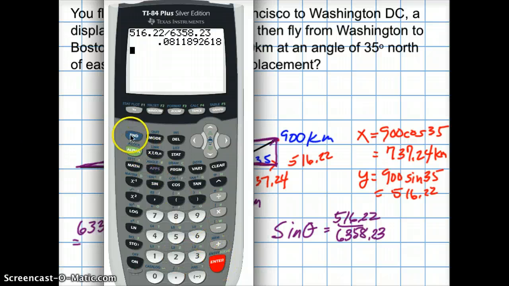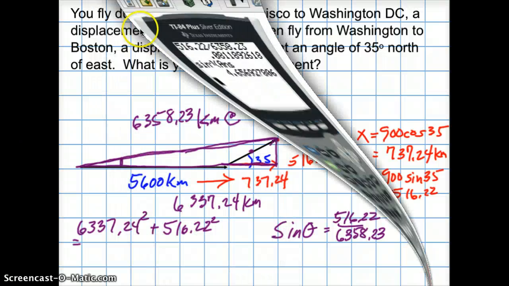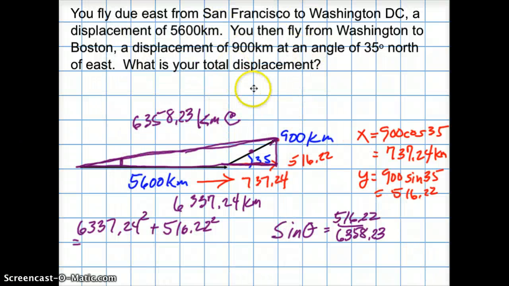Hit enter, and I'm going to do second sine, second answer, and so my angle is going to be 4.65 degrees. So there's my answer: 4.65 degrees north of east.